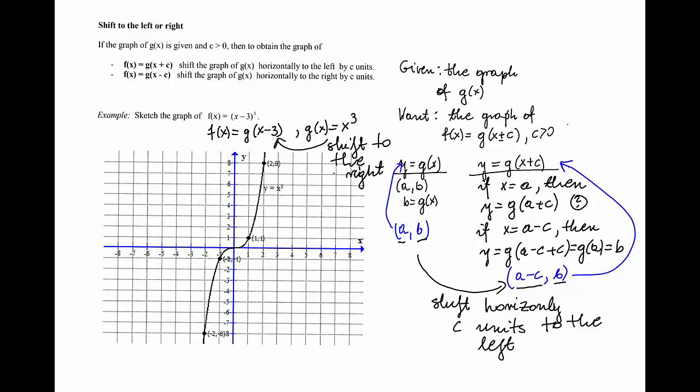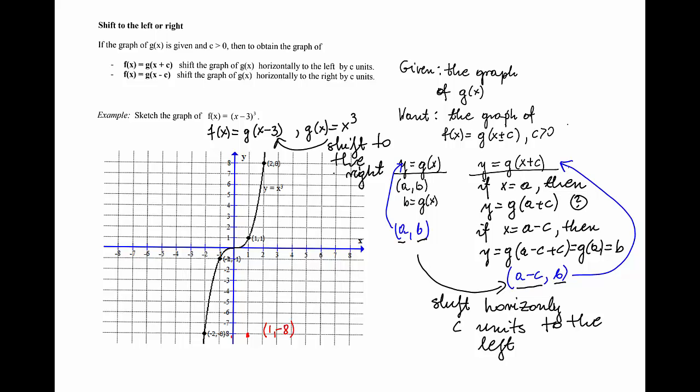So again, noticing that the unit here is 1 square, if I want to move the point (negative 2, negative 8) 3 units, then I will go 1, 2, 3, and I will obtain the point (1, negative 8).